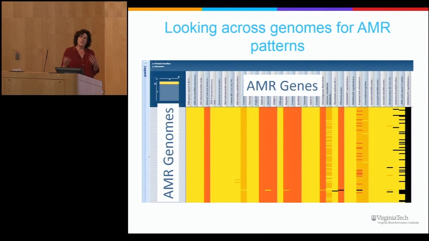Another thing, it was funny because we were on a call with some people at NIH who were really interested in antibiotic resistance, and the computational branch threw all this stuff at them, oh, you know, all the SNPs and this, that, and the other. But what the biologists really wanted was to look for presence and absence of antimicrobial genes across all the genomes.